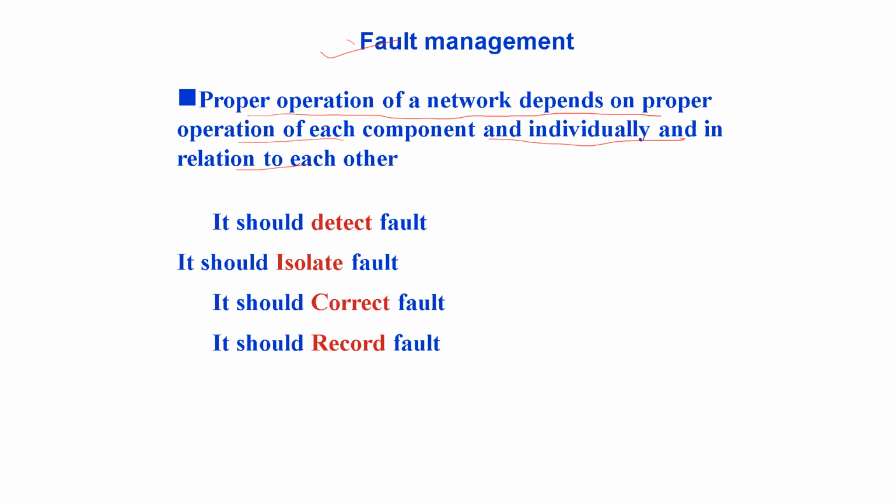And fault management mainly includes detection of the fault, and once a fault is detected, it should be isolated and corrected, and the status of the fault must be recorded.